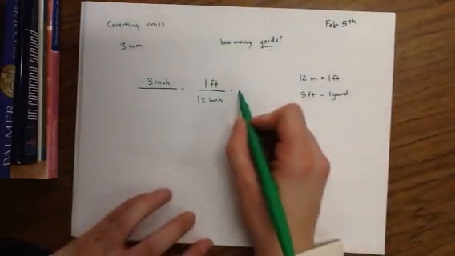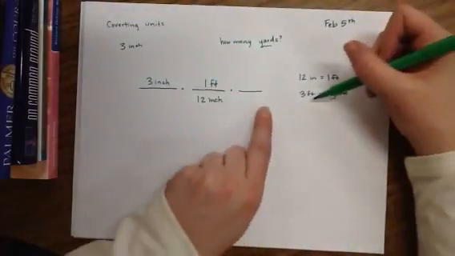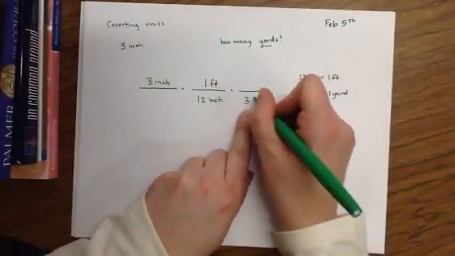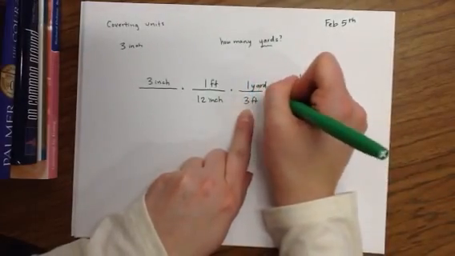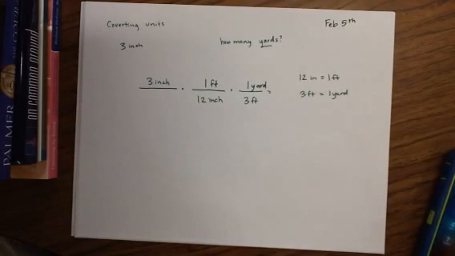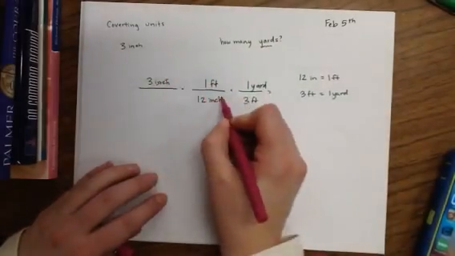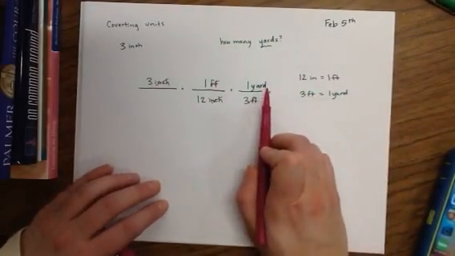Now I want to go from feet to yard. And again, the goal is to get the feet to cancel out. So I'm going to take my feet and put them down here and 1 yard up top. And what happens is I go to multiply these things, and my inch is going to cancel with my inch, my foot is going to cancel with my foot, and so my answer ends up being in yards.